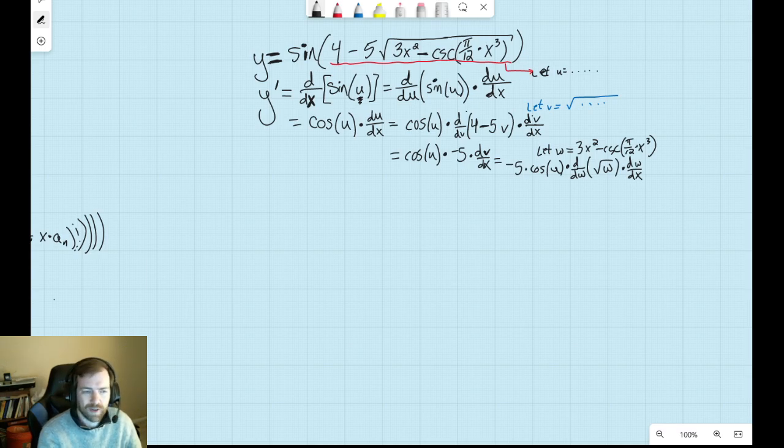Now what's the practical upshot of all this stuff? Because if this is just getting too much, that's perfectly fine. I don't blame anybody for saying that's just too much stuff. What you can do instead is just think of this as nested functions.